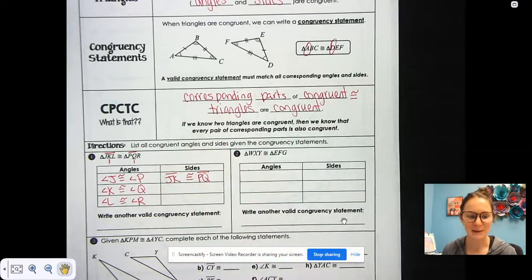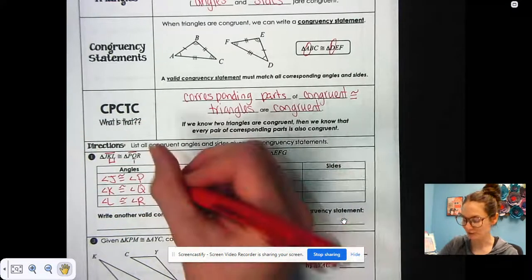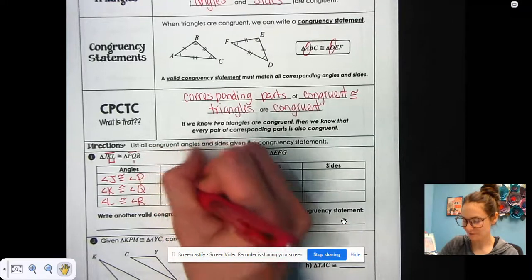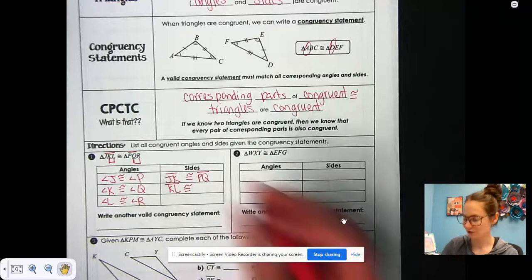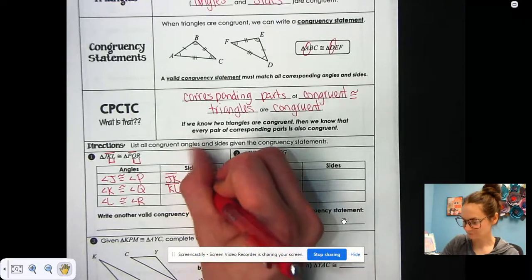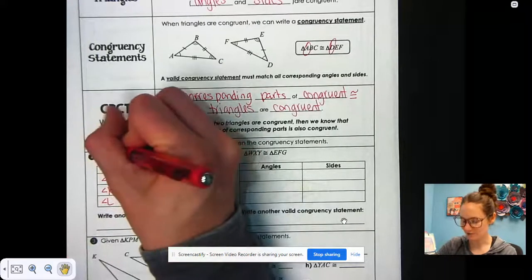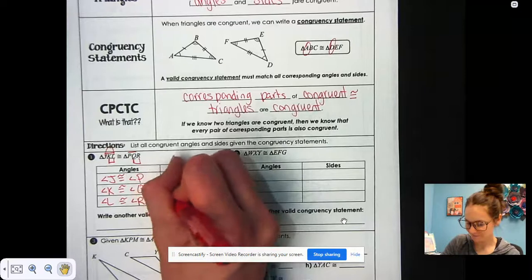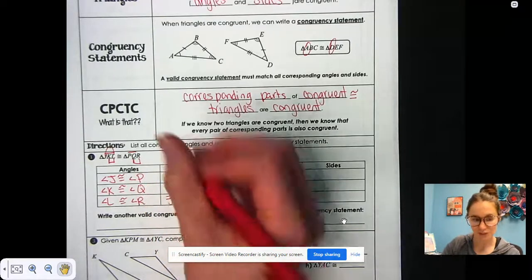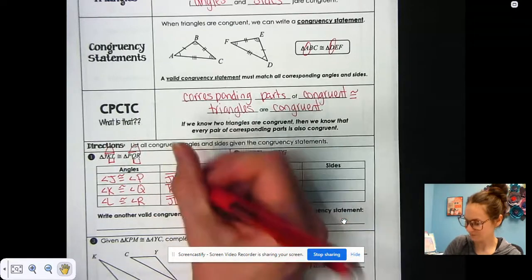I'm going to keep making combinations. We need another side, so let's use KL, my middle and last letter. So I need my middle and last letter, QR. The last one, I like to make this little rainbow. You need to take your first and last letter. So I have JL is congruent to, I need to take my first and last letter, PR.